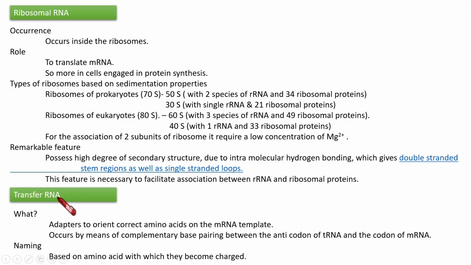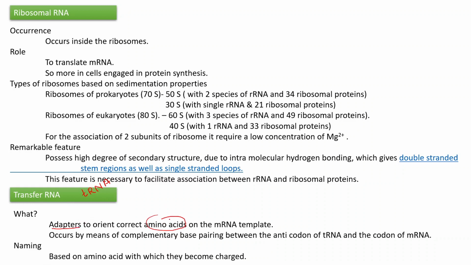Okay. The next RNA that we are going to learn is transfer RNA, or otherwise tRNA. Then what is this transfer RNA or tRNA? Look at the board. Transfer means this RNA can transfer something. What is it transferring? It is transferring amino acids. So it acts as an adapter.